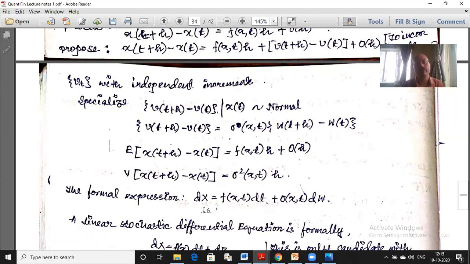That's how we define a differential equation: we start with a difference equation, take the limit, and then the difference becomes a differential. So the formal expression will be dx equal to f(x,t) dt, which is the trend part or the deterministic part, plus sigma(x,t) dW. Now this symbol dW is nothing but the limit of this difference here.